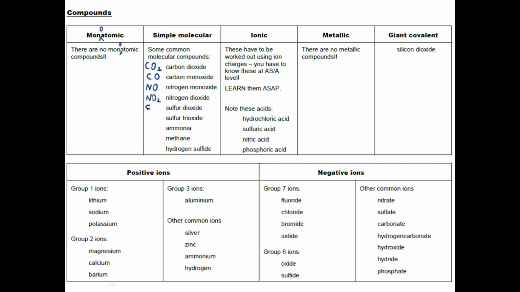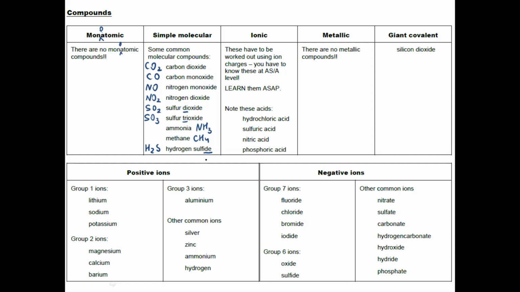Sulfur dioxide, one sulfur, di means two oxygens. Trioxide means one sulfur and three oxygens. Ammonia, NH3, you need to memorize that one. Methane, CH4, and hydrogen sulfide, H2S.